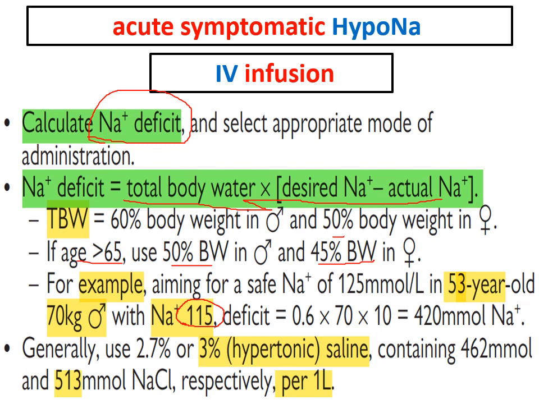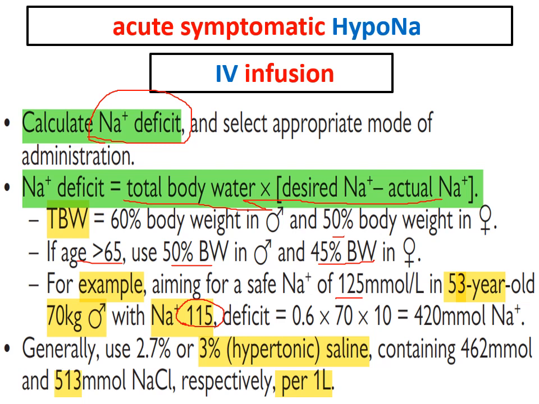So to calculate in this patient, the desired sodium is 125. Here, 125 minus the actual sodium, 115, gives 10, times total body water.